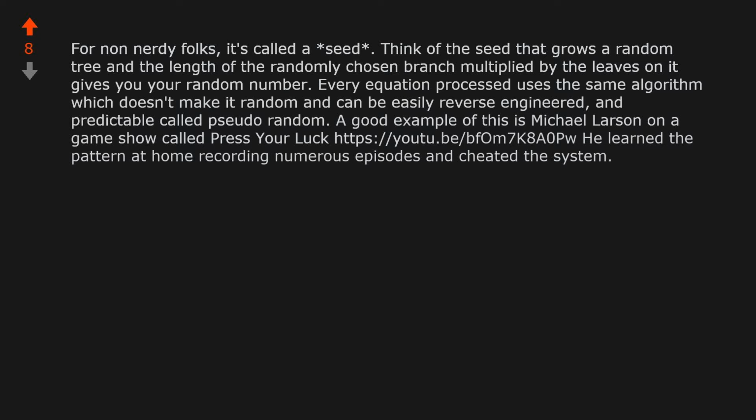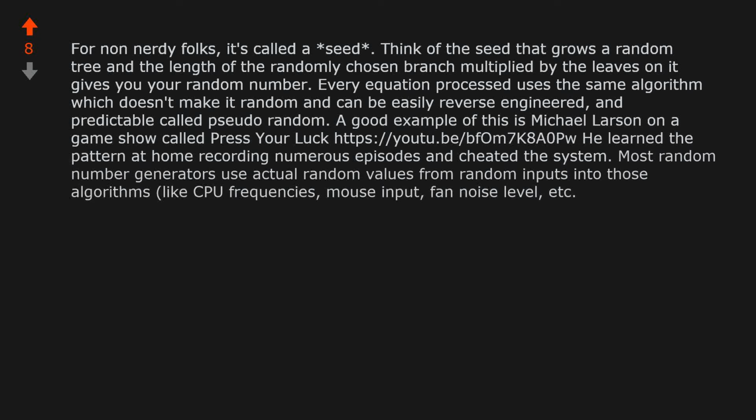He learned the pattern at home recording numerous episodes and cheated the system. Most random number generators use actual random values from random inputs into those algorithms, like CPU frequencies, mouse input, fan noise level, etc. This is called entropy.